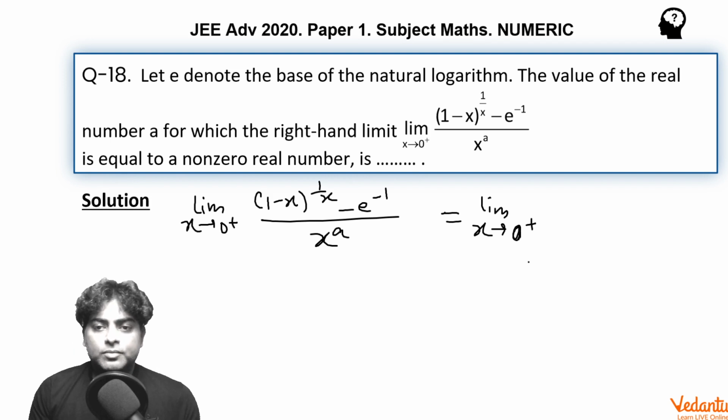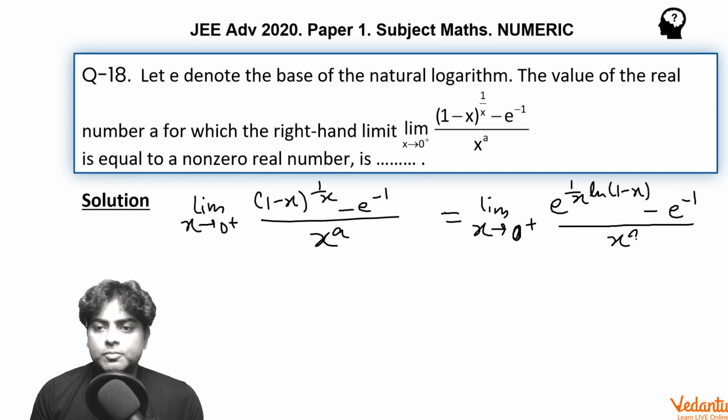The formula for that is a raised power b, you can use a raised power b as e raised to the power b ln a. So I can write e raised power 1 by x ln (1 minus x) over here, minus e raised power minus 1, upon x raised power a.